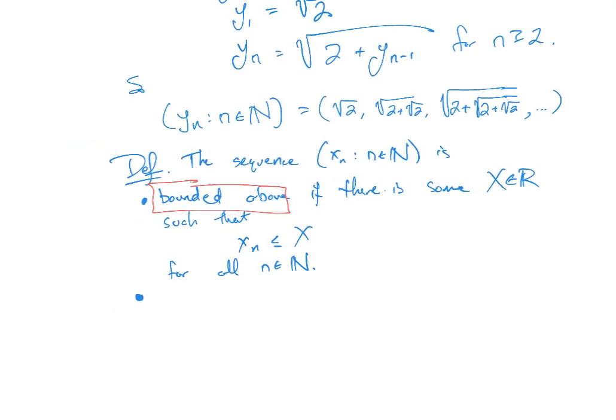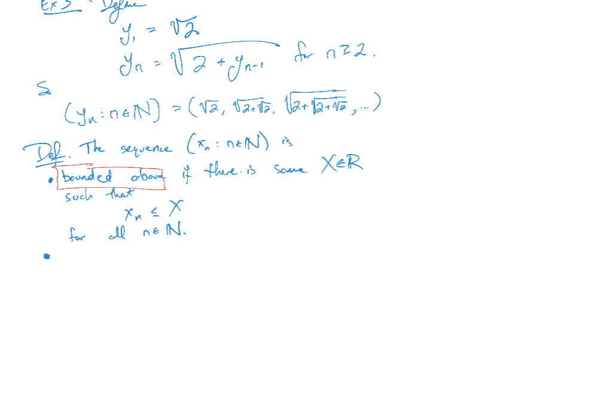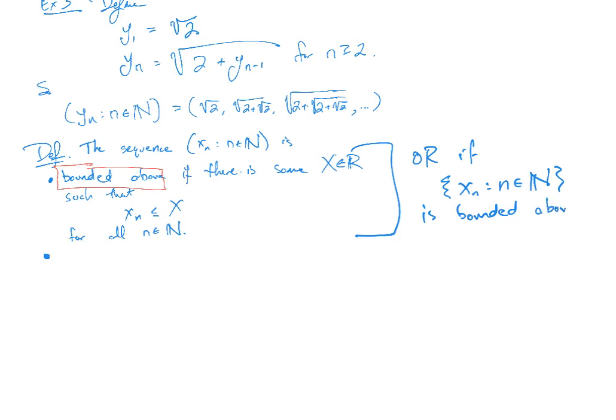We could have defined this differently, so let me zoom out a little bit. The other way to say that something is bounded above is we could say if the set of values is bounded above. I hope you see that it's exactly the same thing.